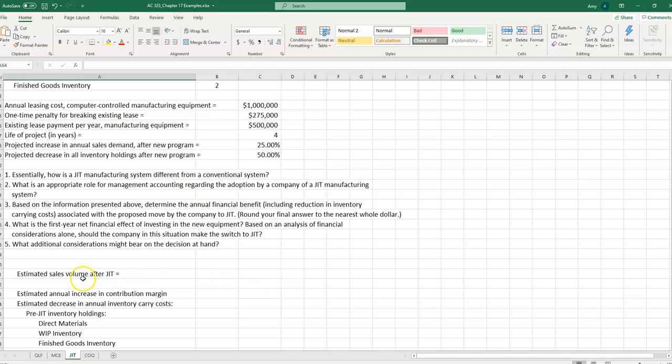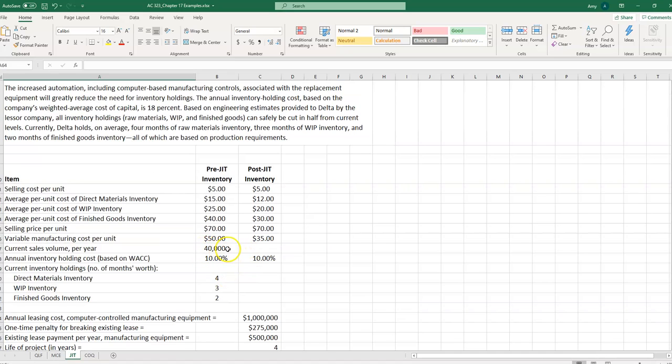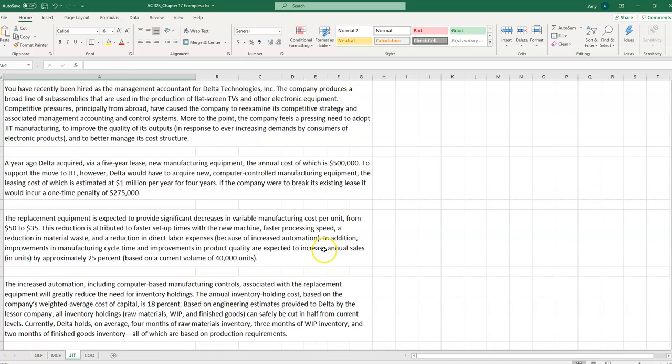So first we have our estimated sales after the just-in-time. Before, we're selling 40,000 units per year. We expect a sales increase of 25% because of the improvements in cycle time and the improvements in product quality that come from a just-in-time system.